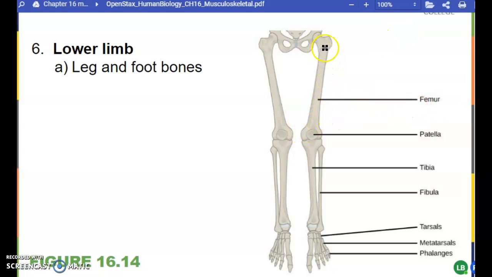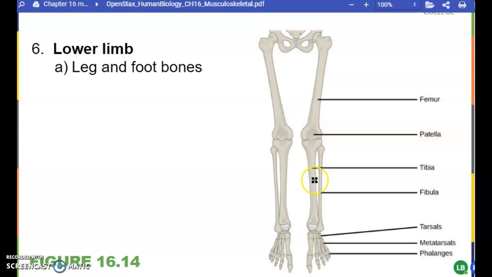Femur is the largest long bone for sure of the body. Patella, we're looking at that knee. And then the lower leg, again, just like the arms, it is split into two. So we have the tibia and fibula.